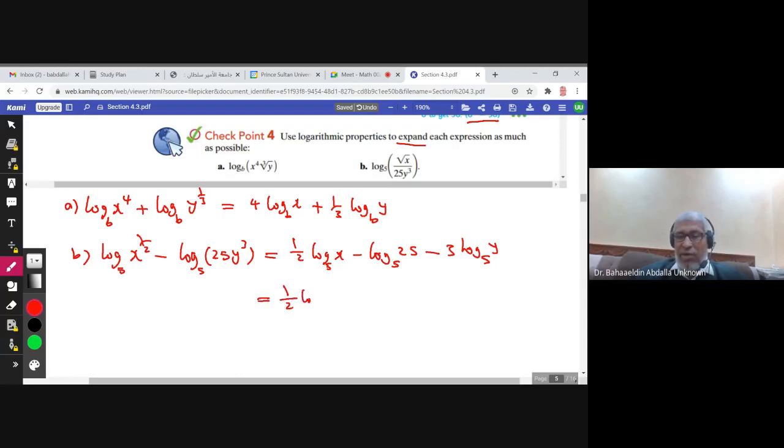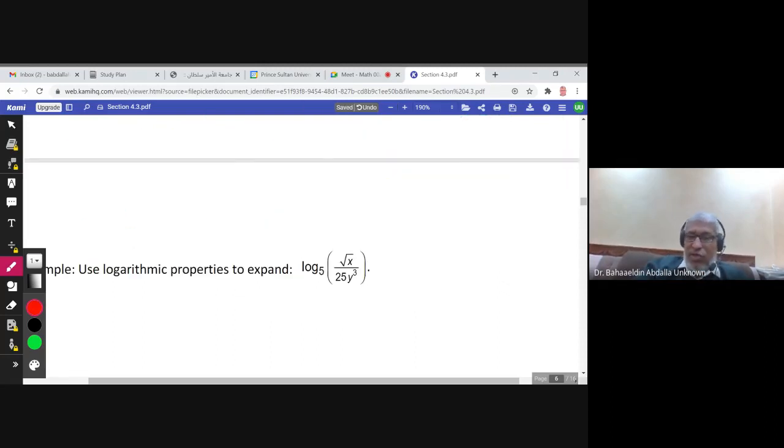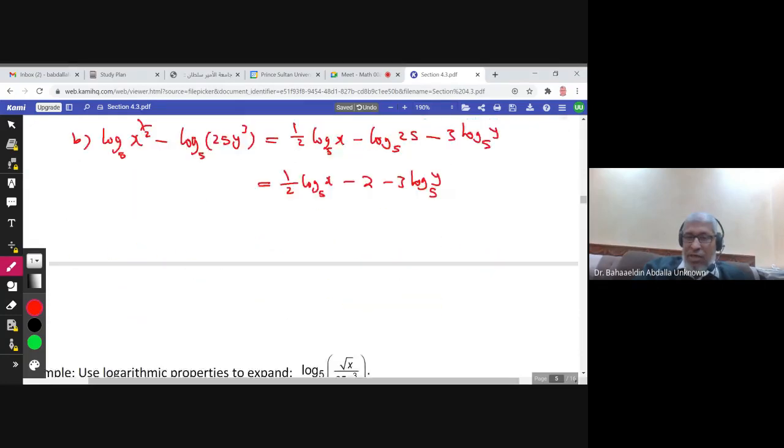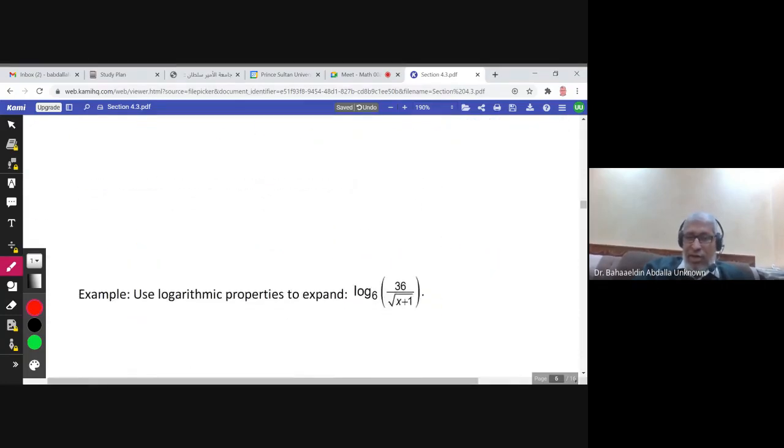Finally, you can notice that log 25 to the base 5 is 2, because 5 squared is 25, and this would be the final answer. This question is the same question, I think. Yeah, it's the same question, so you can try by yourself.